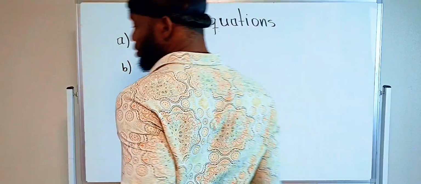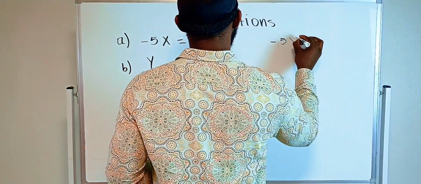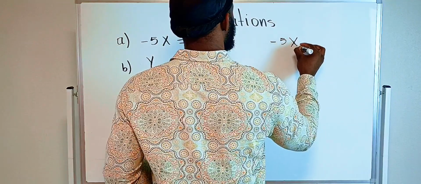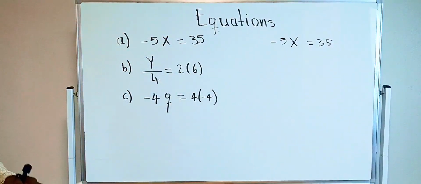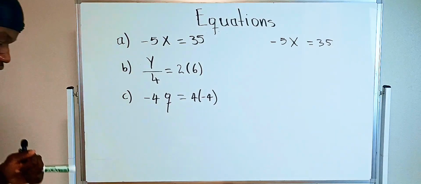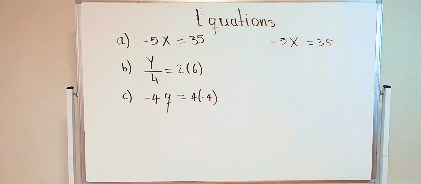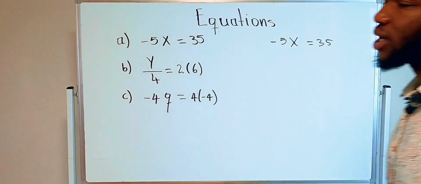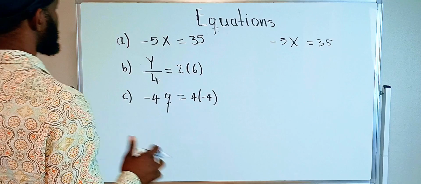So right now, let's solve the first one. We got negative 5 multiplied by x equals 35. To solve this one, we have to find a value for x. In order to find a value for x, we should make sure that we got x alone on one side without changing the equation.